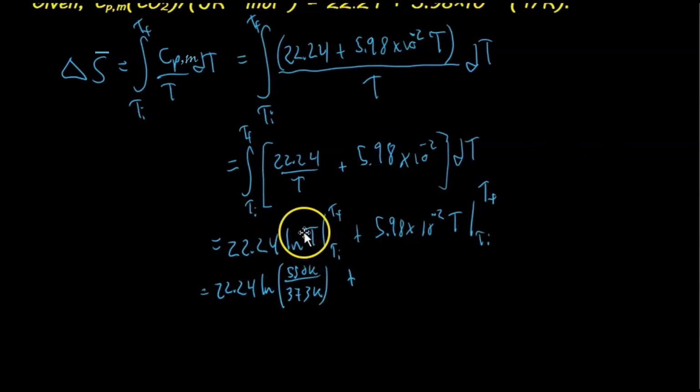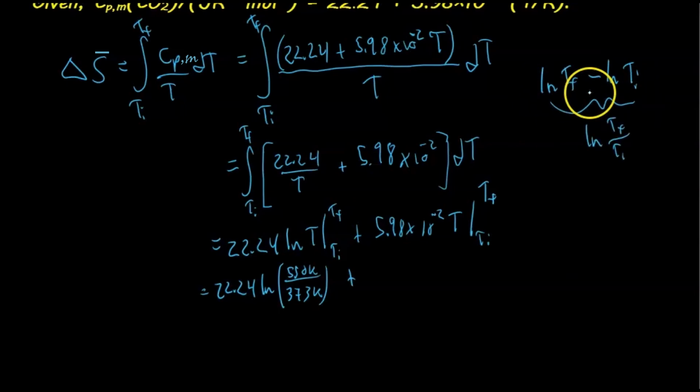is subtraction, right? This is ln of T final minus ln of T initial, but we're just invoking a log law here, where when you're subtracting two logs of the same base, you can just say it's equal to Tf over Ti.